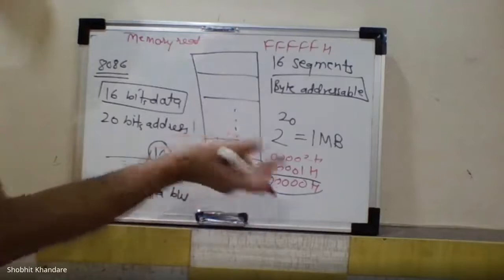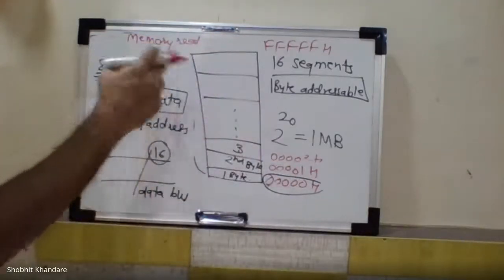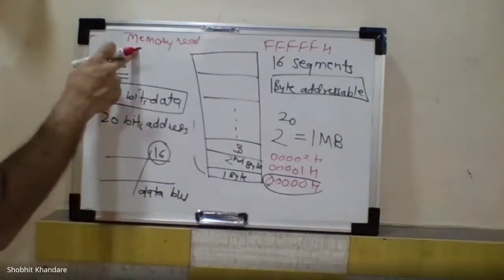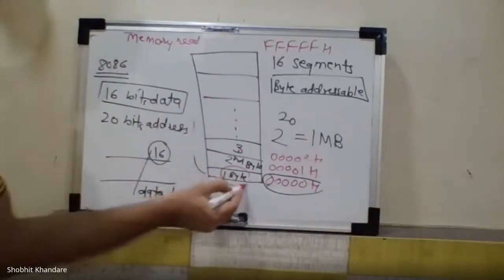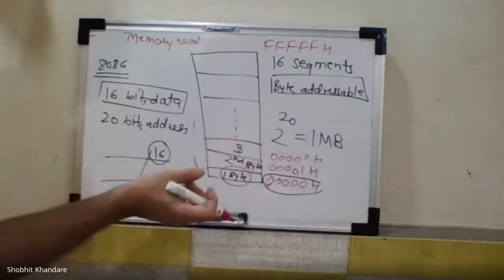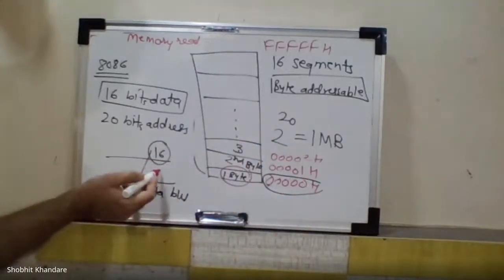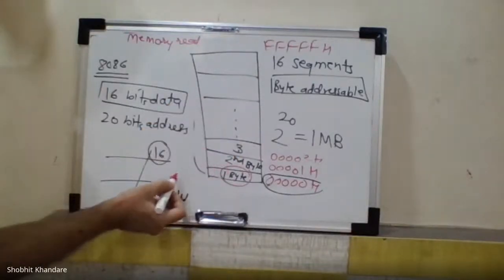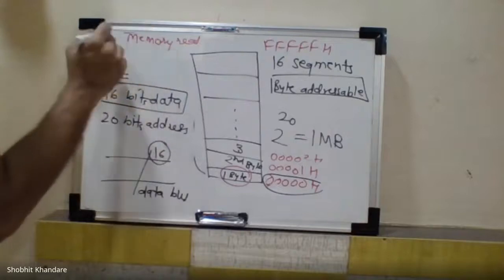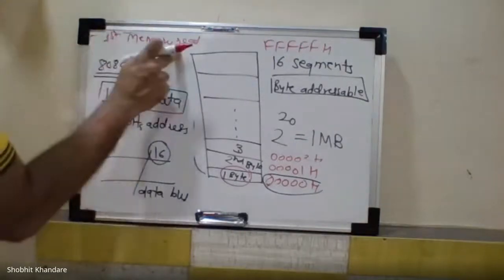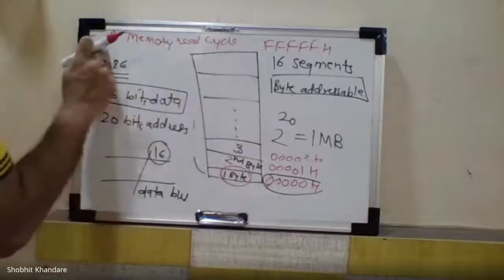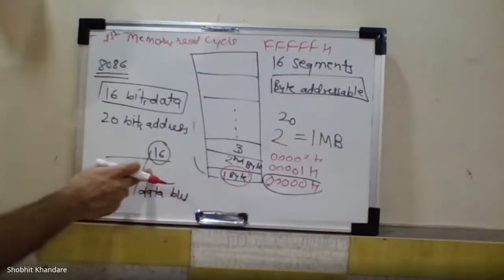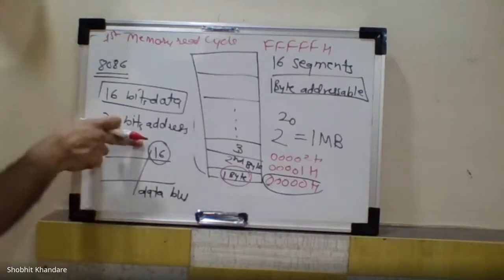Suppose I want to read 16 bits of data. How many memory read cycles would I require? In the first memory read cycle, only 1 byte will be fetched and taken into the data bus. The data bus capacity is 16, but I can carry only 1 byte.